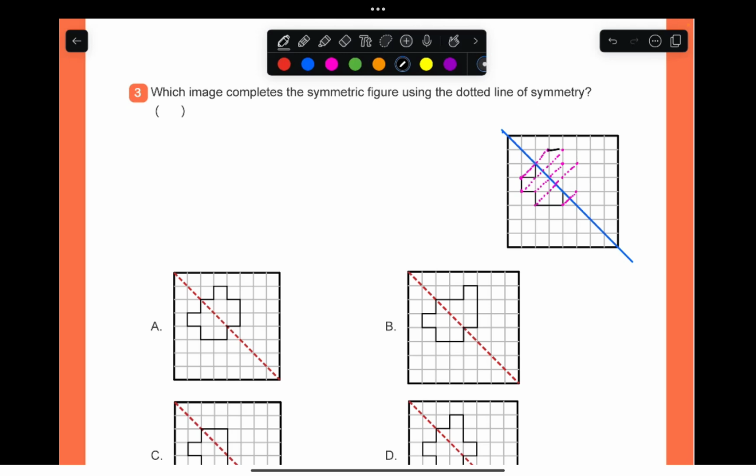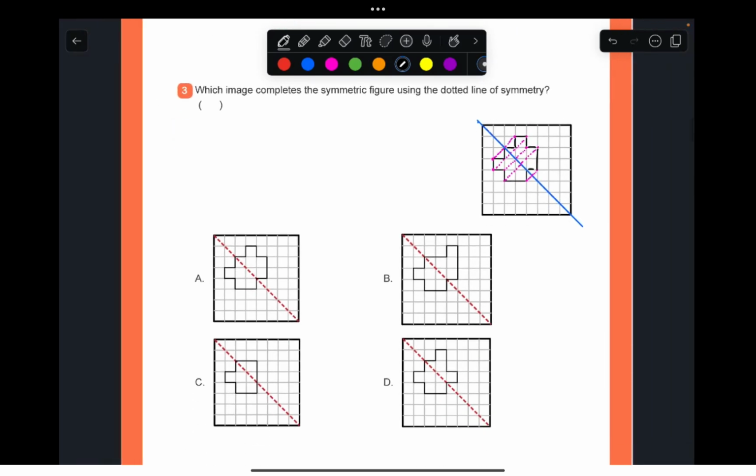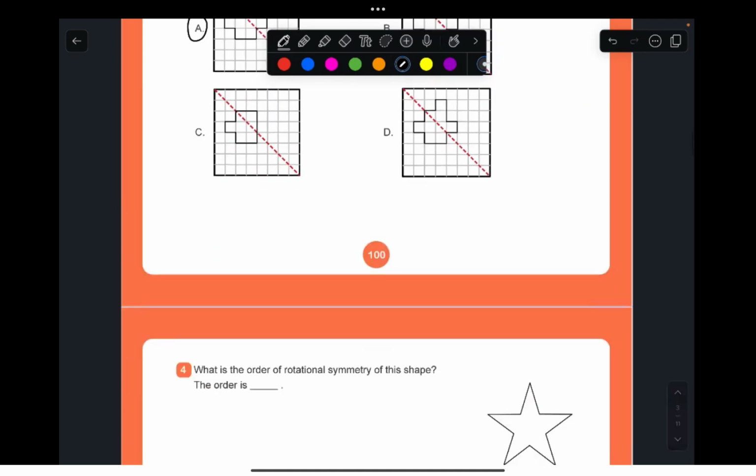Something like that. Okay, so that's basically the answer. So let's see which diagram looks the same as my drawing. I think it's A. So that's why the answer is A. Perfect.